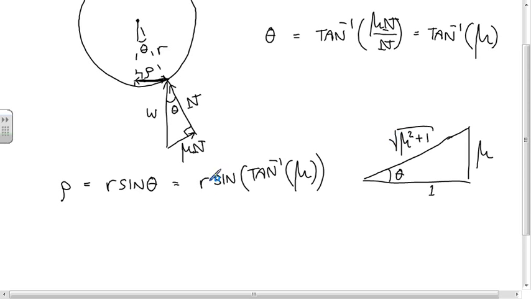And now r times the sine of this angle is r times mu, opposite over hypotenuse, over the square root of mu squared plus 1. And I guess that's maybe as far as you can go with it.